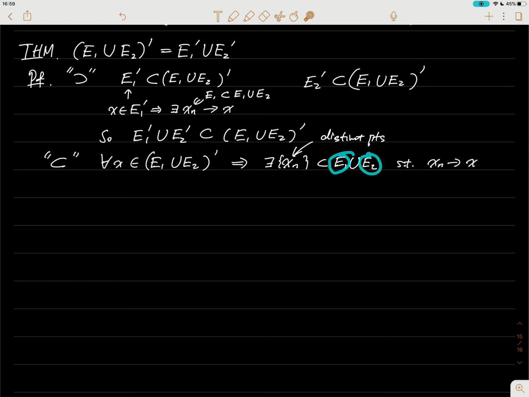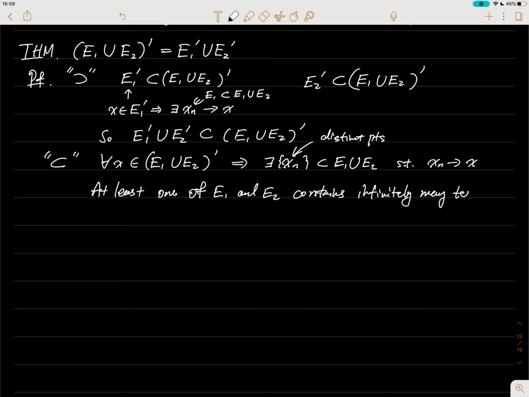Because the sequence always has infinitely many terms. So at least one of E1 and E2 contains infinitely many terms of xn.